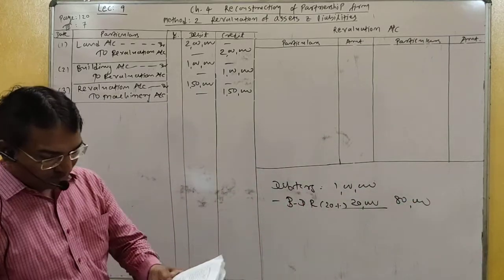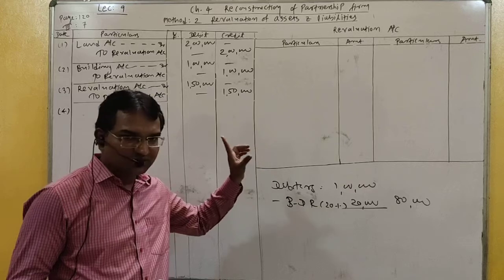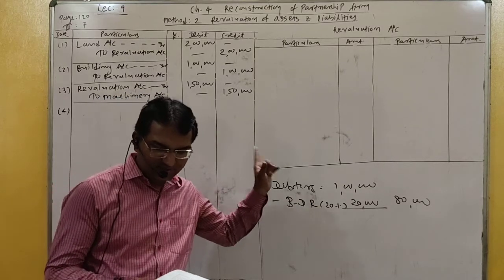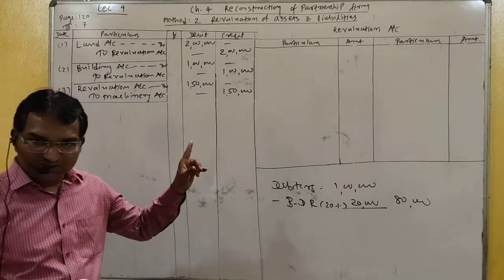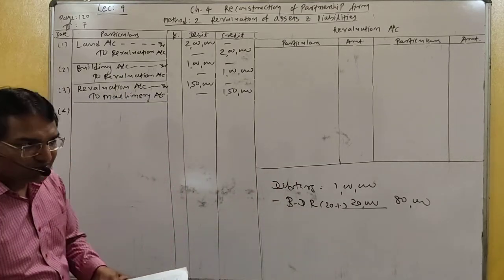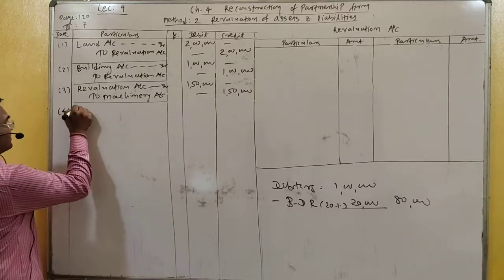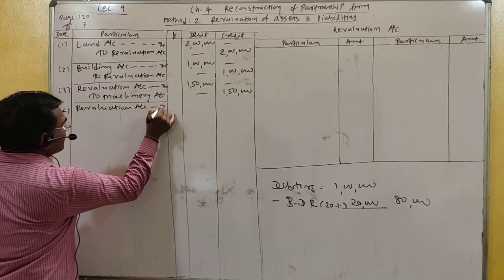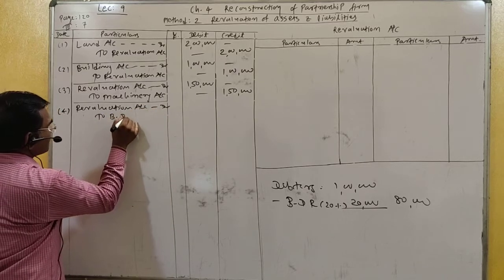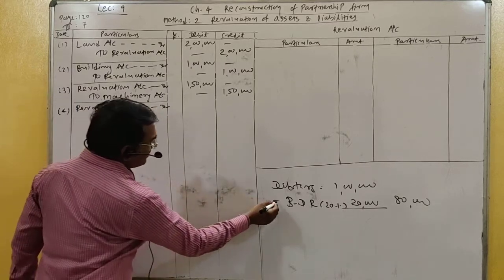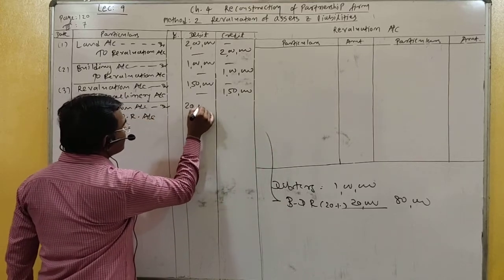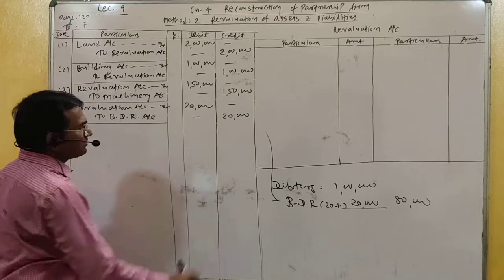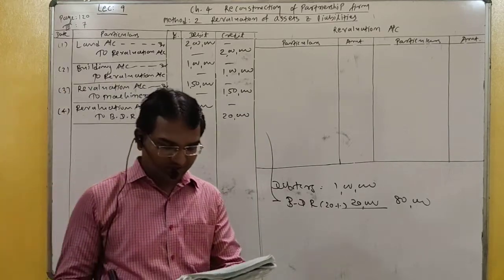Here provision for bad debt reserve is the reduction in value of debtors, and if the debtor reduces, it is a loss for business. So revaluation account debit to bad debt reserve. How much rupees? 20,000 rupees. The 20,000 rupees reduction in debtor means provision. So revaluation account debit to bad debt reserve account.